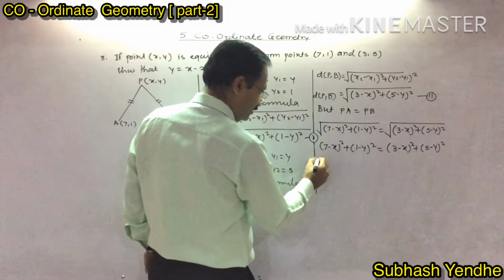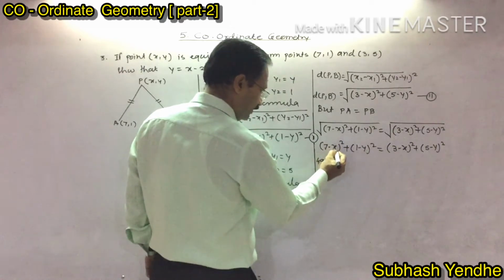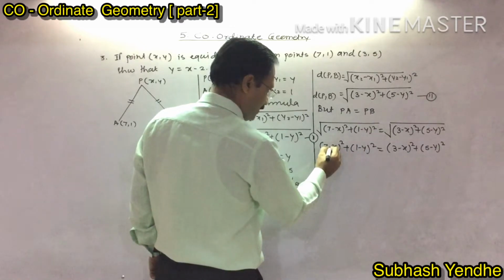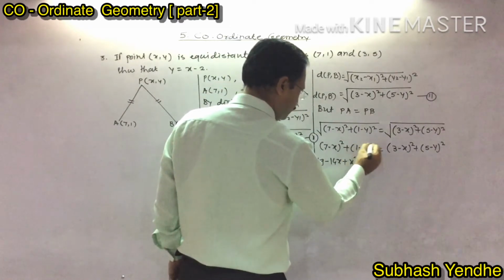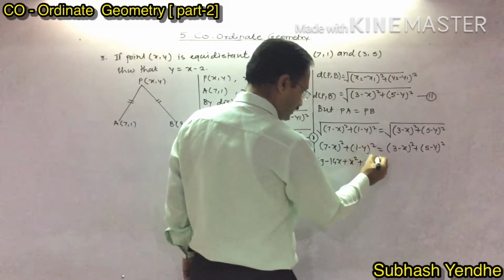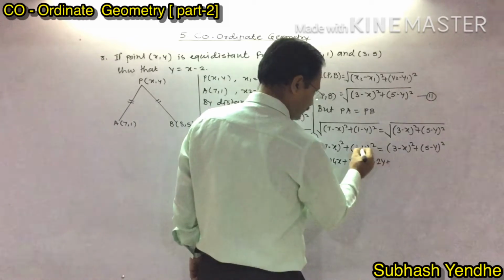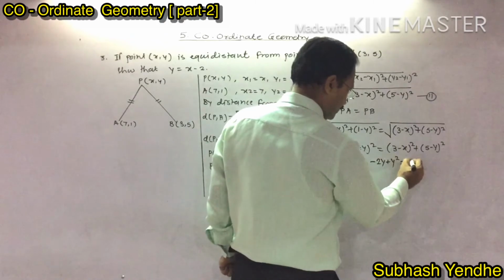Now let's do the square of the brackets. 7 square is 49, minus sign, 2 into first into second is 14x. Minus square is always positive, this is x square. 1 square is 1. Then minus 2 into first into second is 2y. Then minus y square is y square. 3 square is 9.